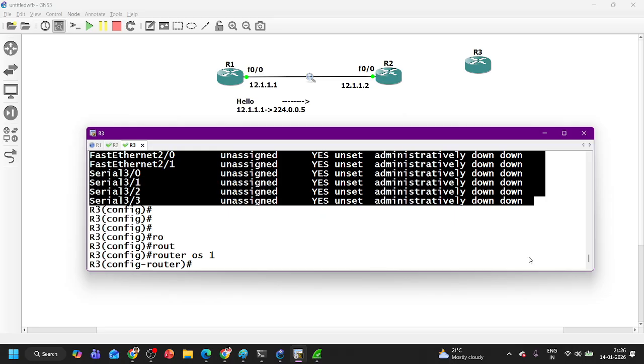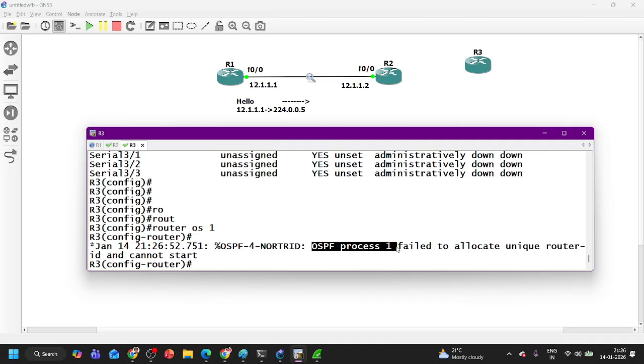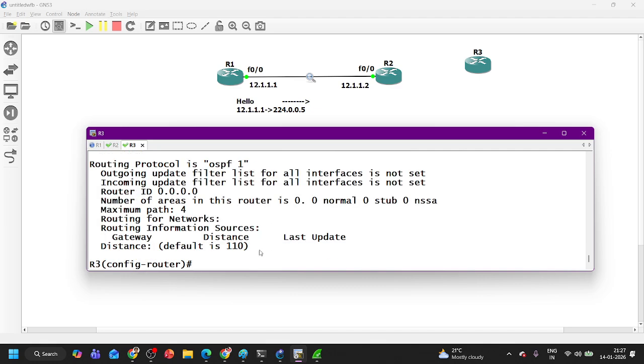See here, the command is accepted, and I got one message: OSPF process 1 failed to allocate unique router ID and can't start. If you check show ip protocol, you will see router ID 0.0.0.0.